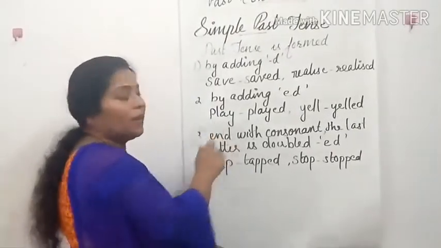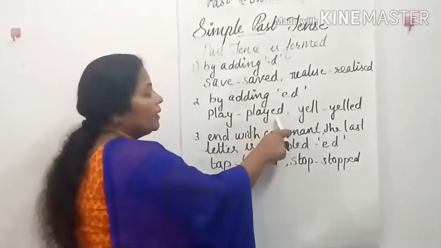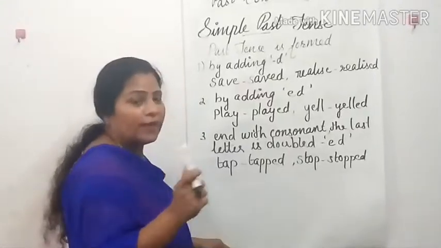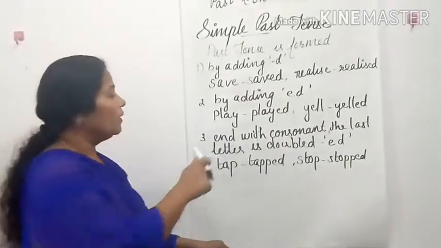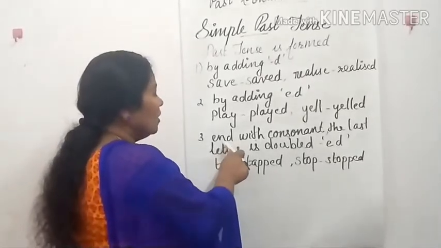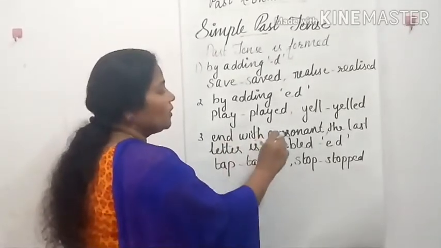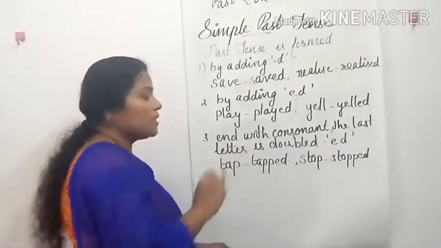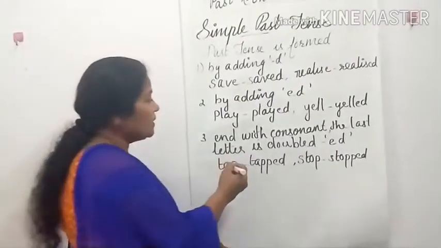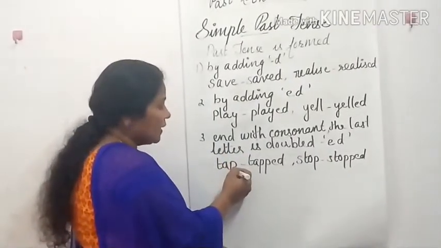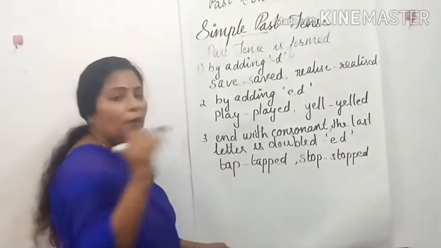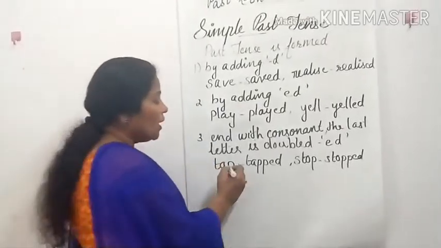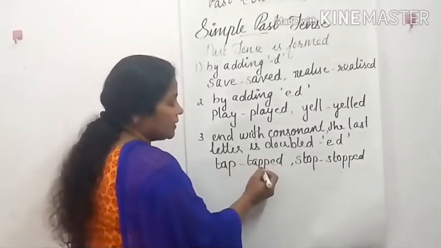For example, play. We added ED to it. Played. Yell, yelled. Then, for verbs that end with a consonant, the last letter is doubled. That means a verb which is ending with a consonant. Like for example, TAP, P is a consonant. So that consonant letter is doubled.